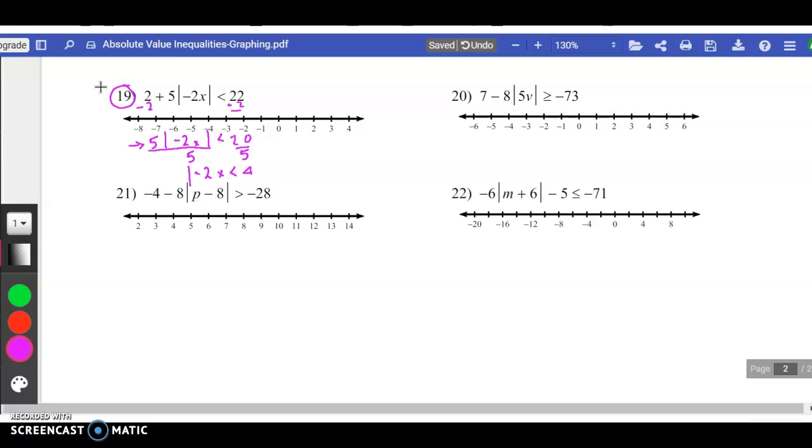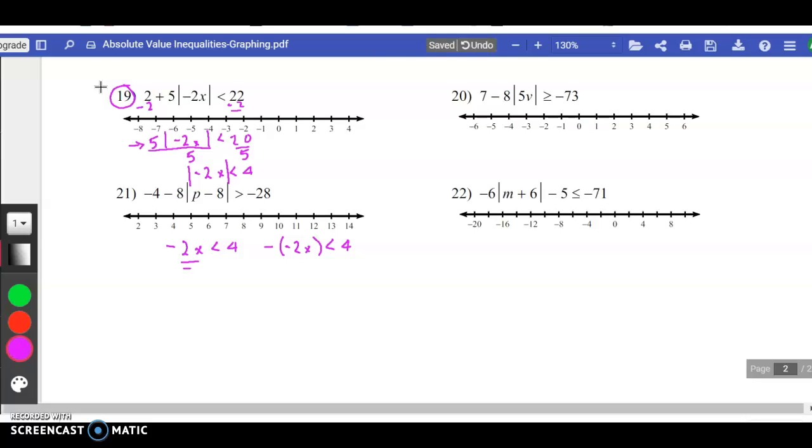And that -2x is an absolute value. So now I'm going to jump down here and have -2x is less than 4. And now negative of -2x is less than 4.